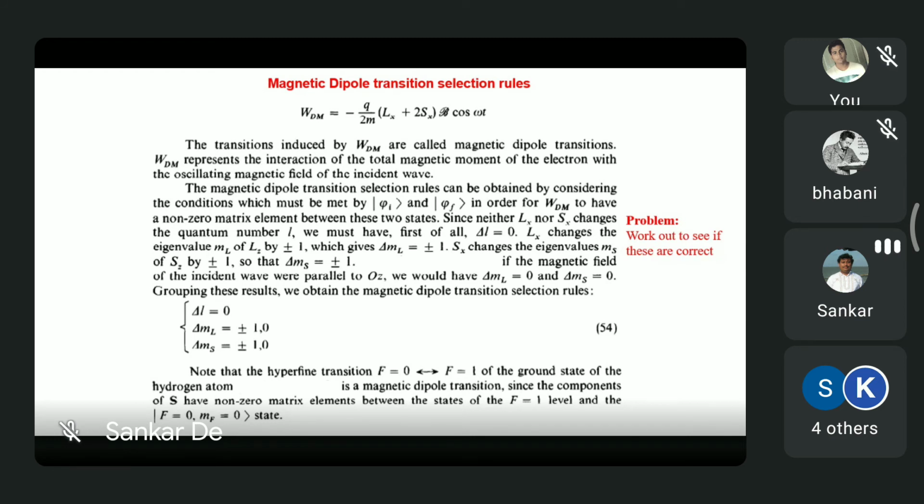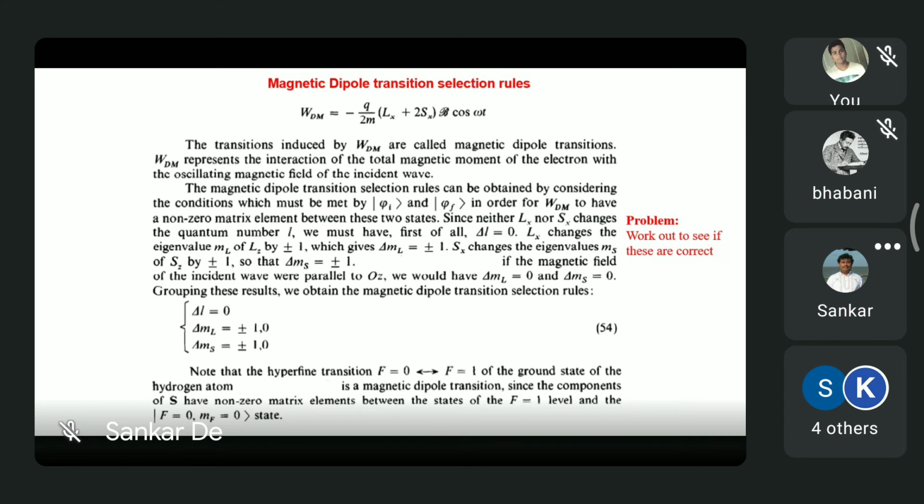And if the magnetic field is parallel to OZ, that is, the quantization axis, then we will also have two more rules, that is delta ML is equal to 0 and delta MS is equal to 0.